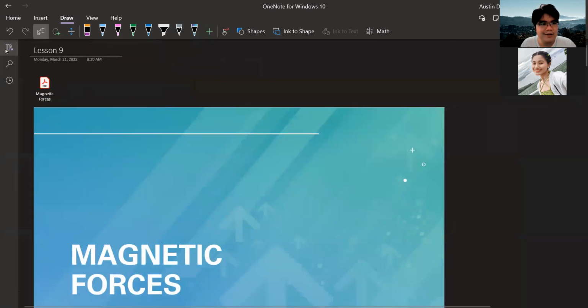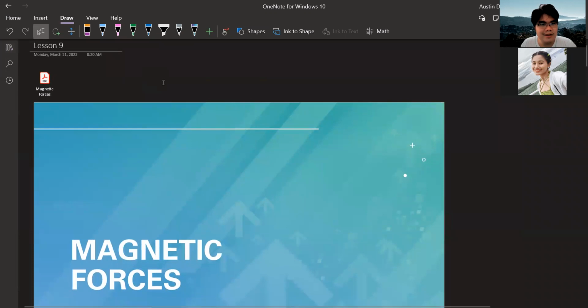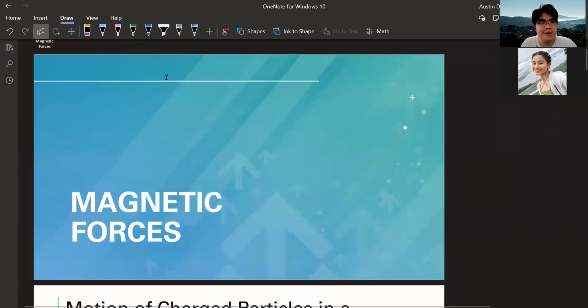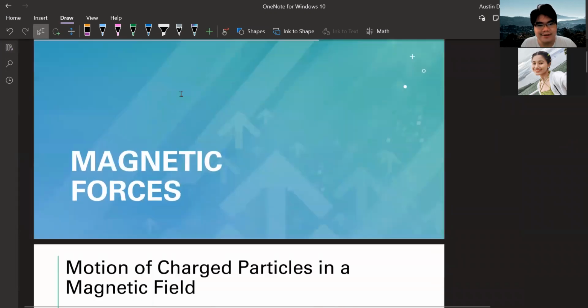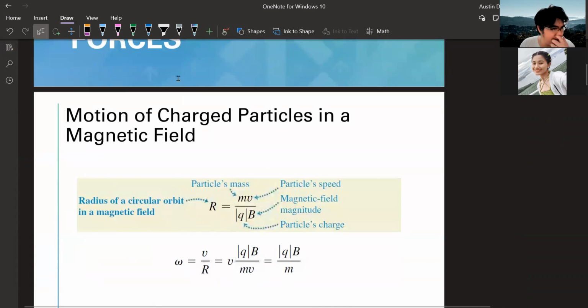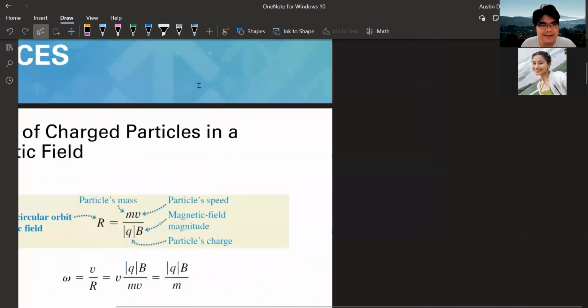So, ngayon, tingnan natin kung ano yung implications nun when we look at magnetic forces. Okay, so kunwari let's imagine things.